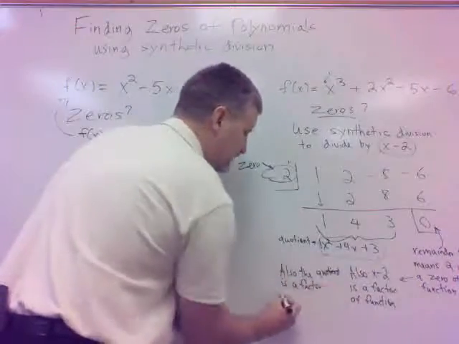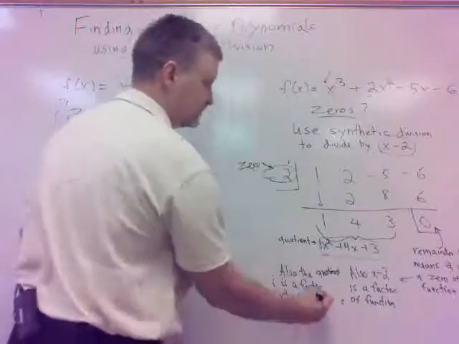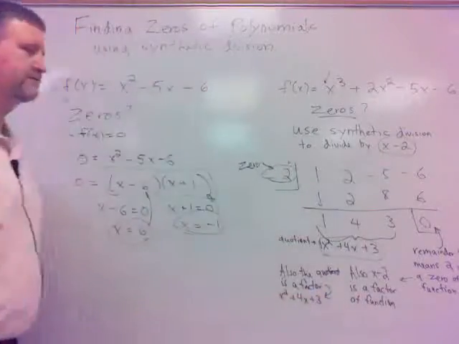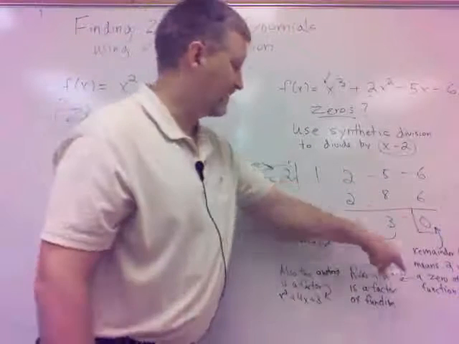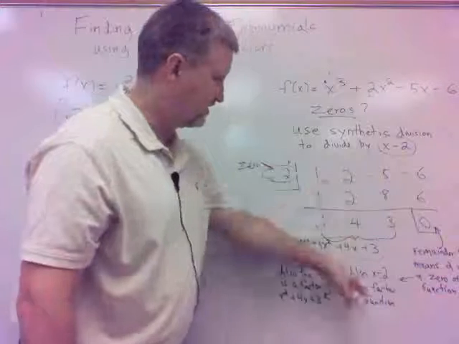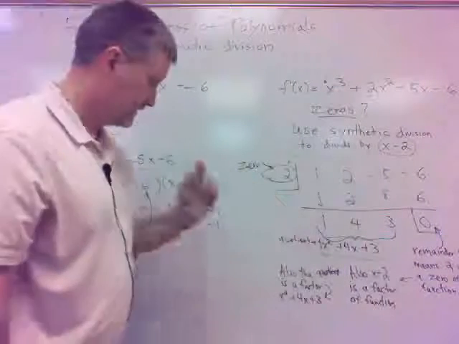X squared, in this case, plus 4x plus 3 is a factor in this case. Okay? All that happens because I got that 0 right there. I got a 0 of the function, I got a factor of that function, and then I've also got the other factor.